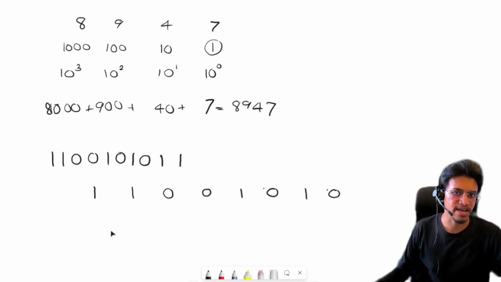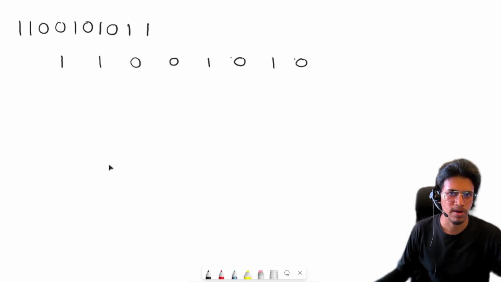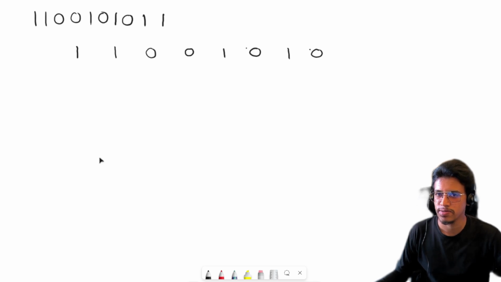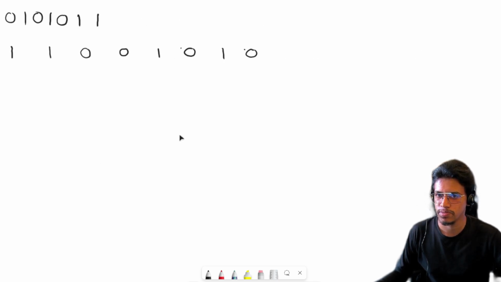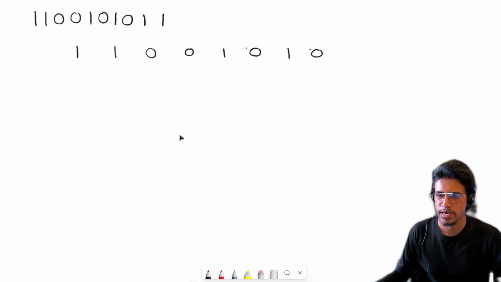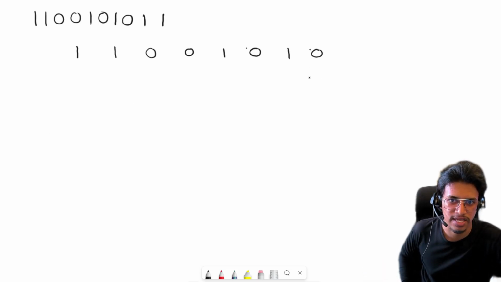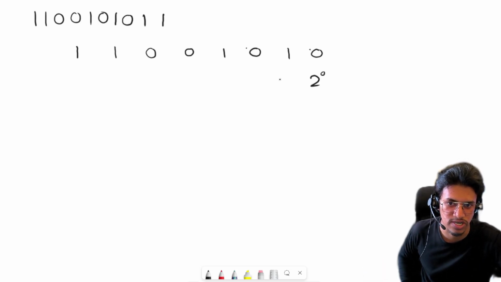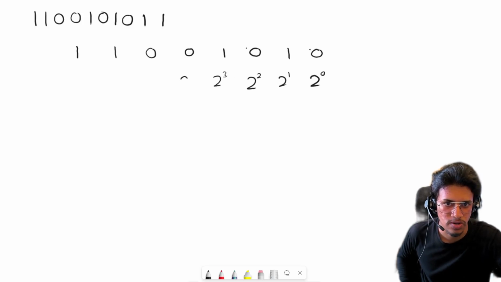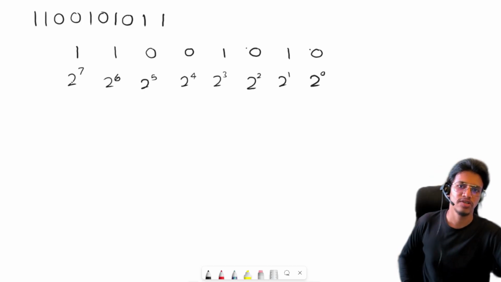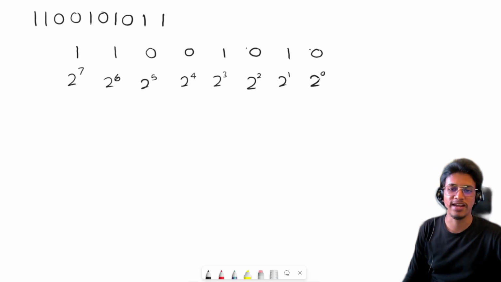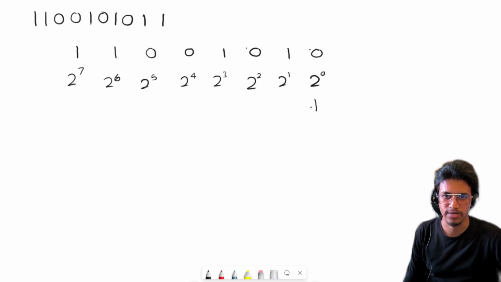And then starting from the right side, I'll be marking their place values, which is 2 to the power 0, 2 to the power 1, 2 to the power 2, 2 to the power 3, 2 to the power 4, 2 to the power 5, 2 to the power 6, and 2 to the power 7, right? And 2 to the power 0, anything to the power 0 is 1, right?